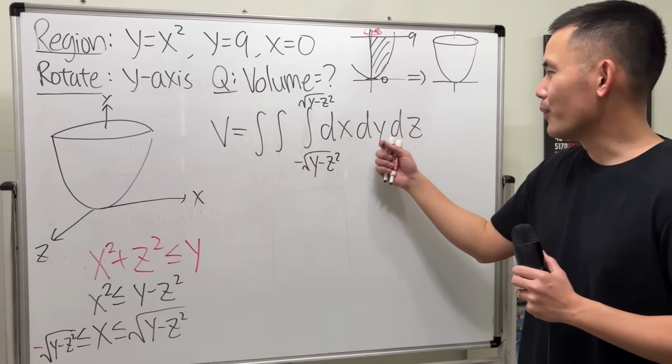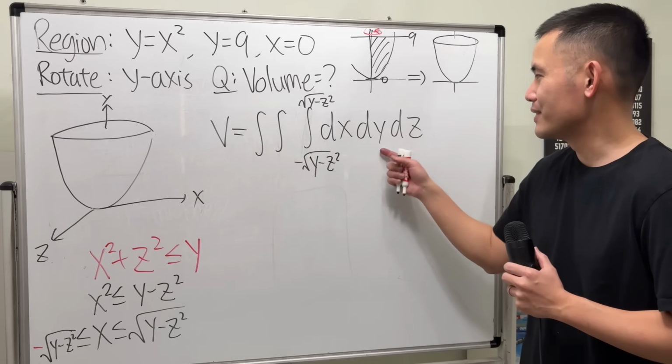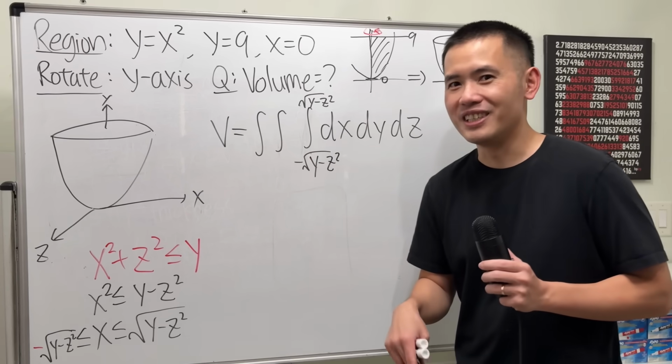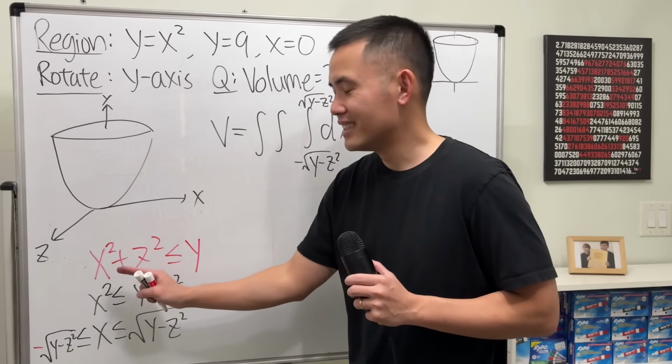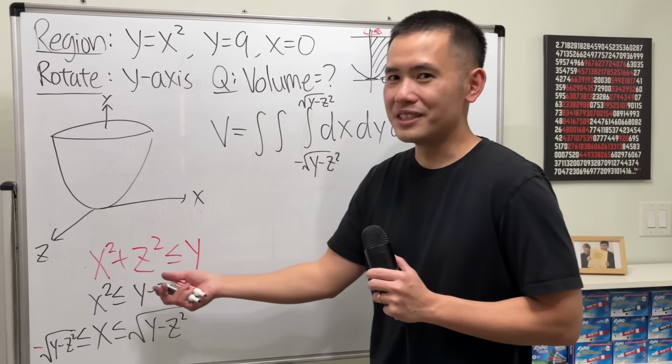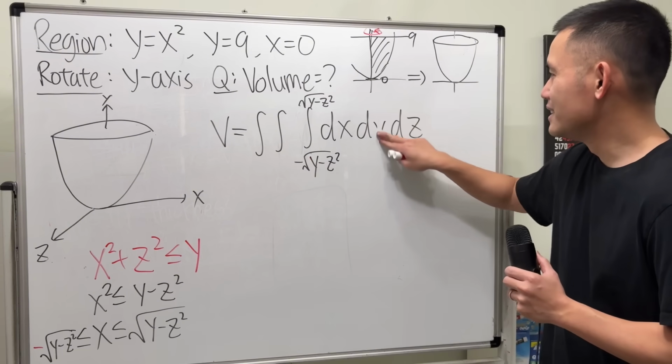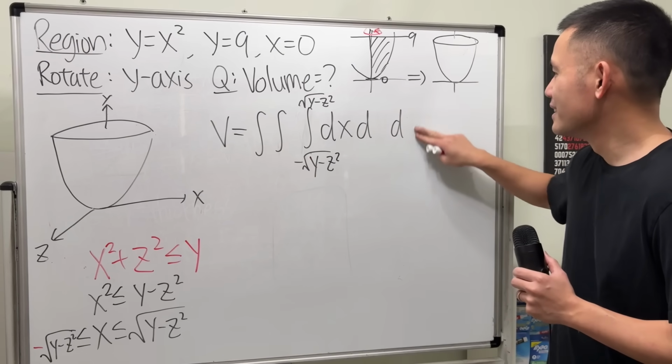Next, I have y. It's actually not good to have dy next. I'm going to switch it. Why? Because if you look at x and z, if I switch it, they cannot behave the same, right? So I'm going to actually have dz first before dy.